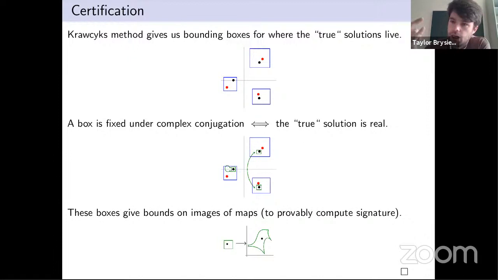So this is like the image of your solution under some map, which takes your point to all the principal minors of this matrix. And you can apply that to the actual box too. Then you can check whether the image is positive, and it's still certified, completely a mathematical proof. And so this is one way you can actually use numerical algebraic geometry to prove something in pure math.